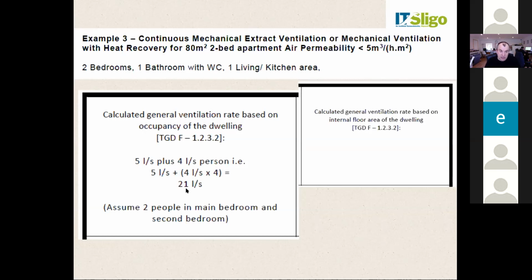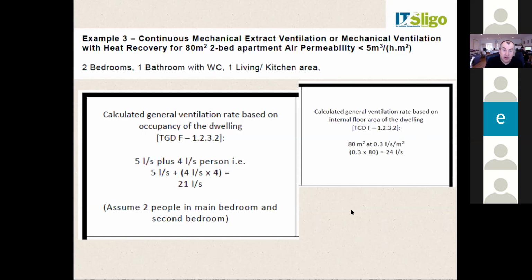I'll give you a couple of seconds to work that out. And the answer is 80 by 0.3 is 24.